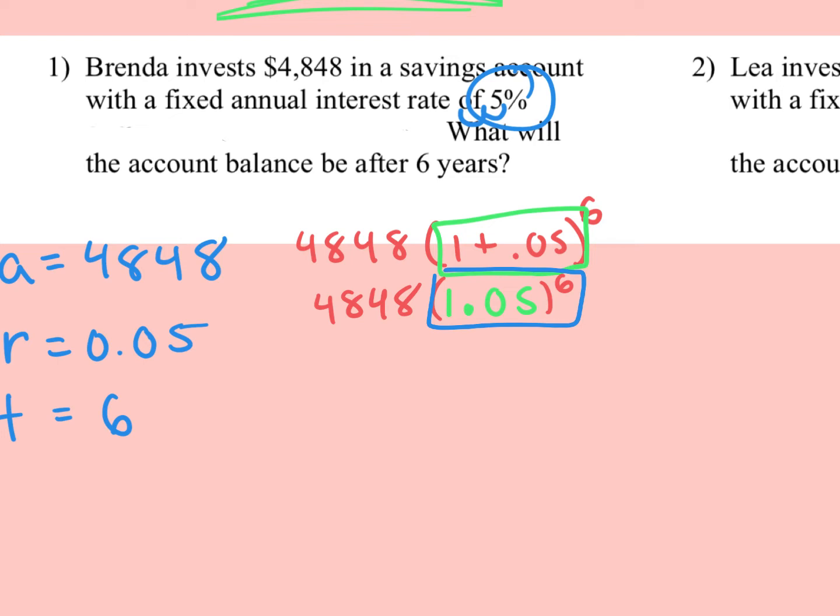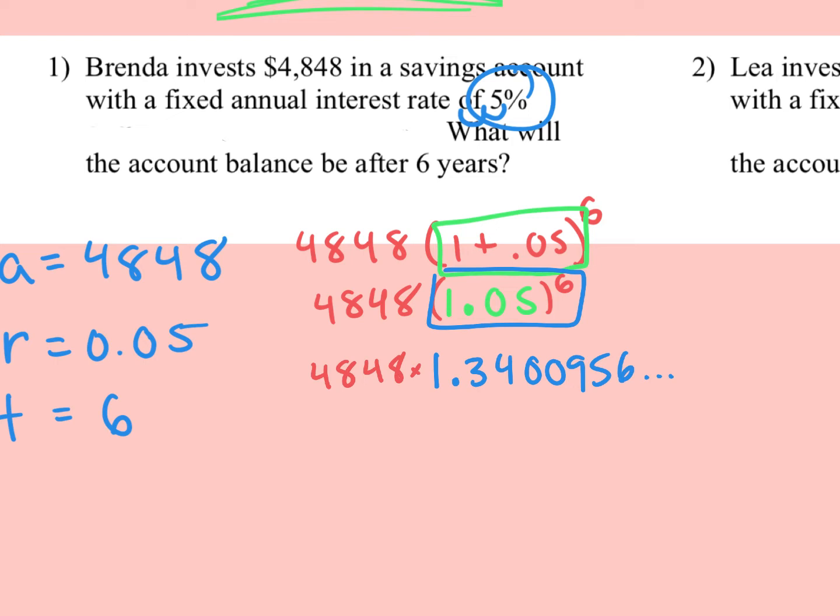So make sure you know how to put this in your calculator. 1.340095. You can, but just keep it in your calculator, because if you keep it in the calculator, you just take that answer and multiply it by 4848. How come this time we went all the way to 6 and last one we stopped at 5? It doesn't matter. You can write down as many as you want, but if you just keep it in your calculator, your answer will be as exact as possible. For your final answer, you just need 2 decimal places.